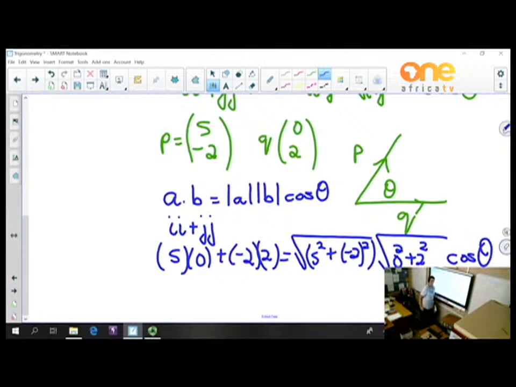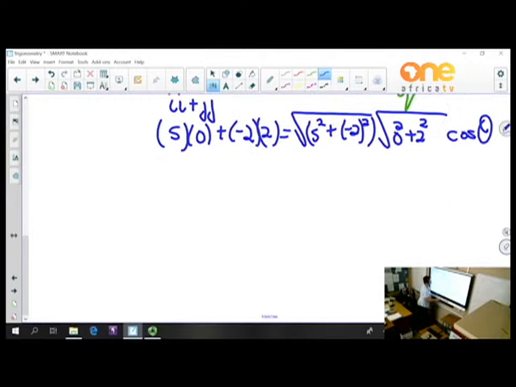This is what you want to calculate. So with algebra, we're going to find the values now and also bring this over so that you can get the angle cosine theta. So this is 0 minus 4, so it is negative 4. And this one is now, so you have to calculate the magnitude there. Use your calculator. I have the square root of 29.